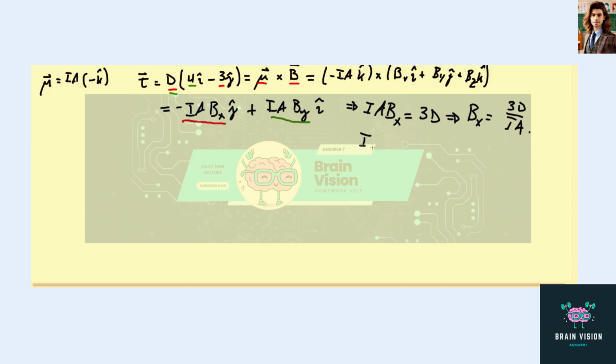And IABy is equal to 4d, which gives By equal to 4d over IA. So here are two parts of what we need in the end, but we still have to determine Bz.